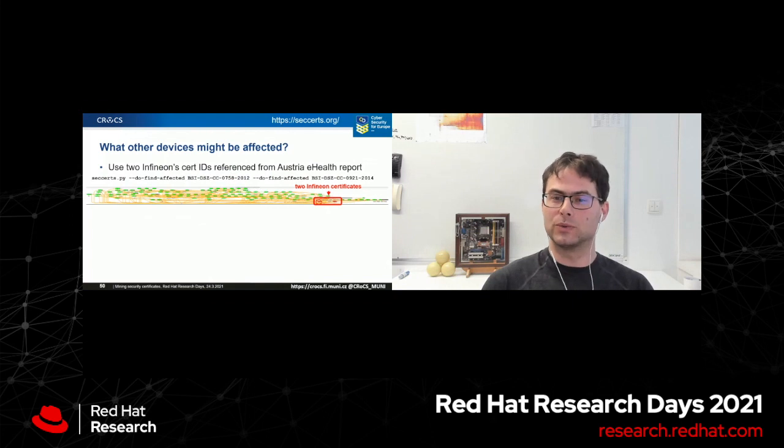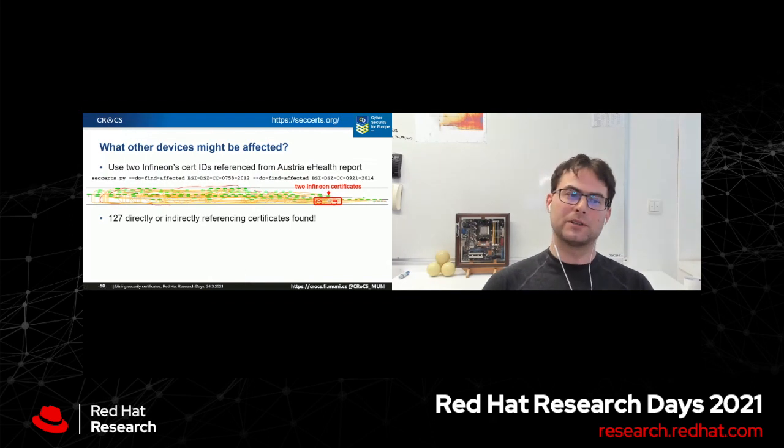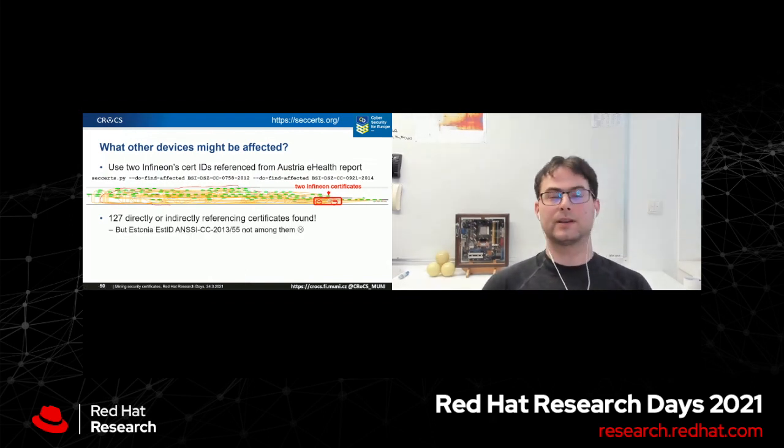These are the two seed certificates we started with, and you can see that all these certificates are either directly or indirectly referencing them, in total 127, but the Estonia certificate is not among them. So what they had is this particular certificate ID, and this one is not within these 127.